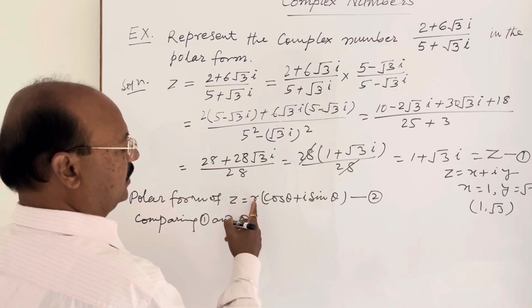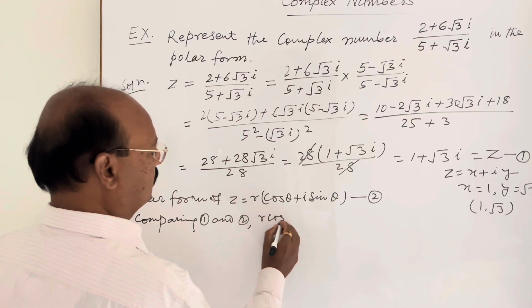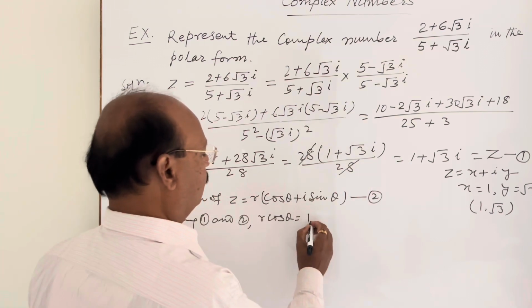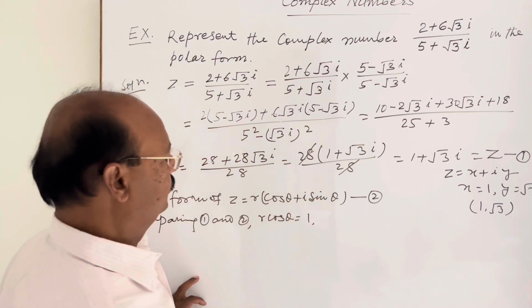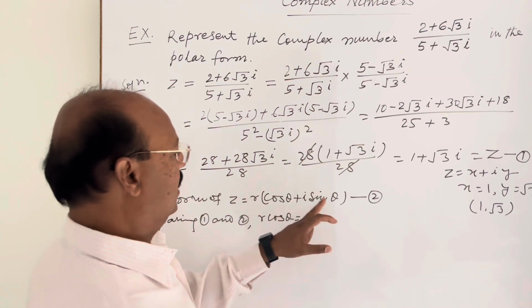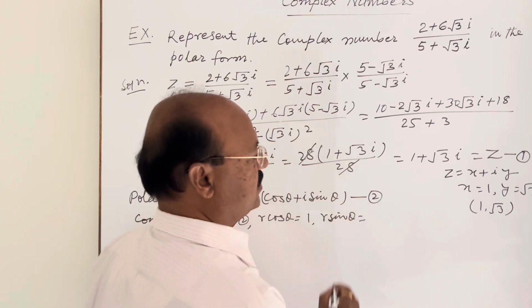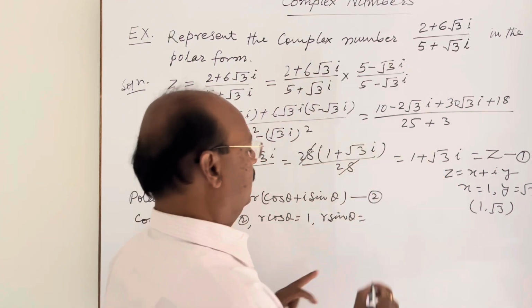Here the real part is r cos θ, and here this is 1, and the imaginary part is r sin θ, which is equal to √3.